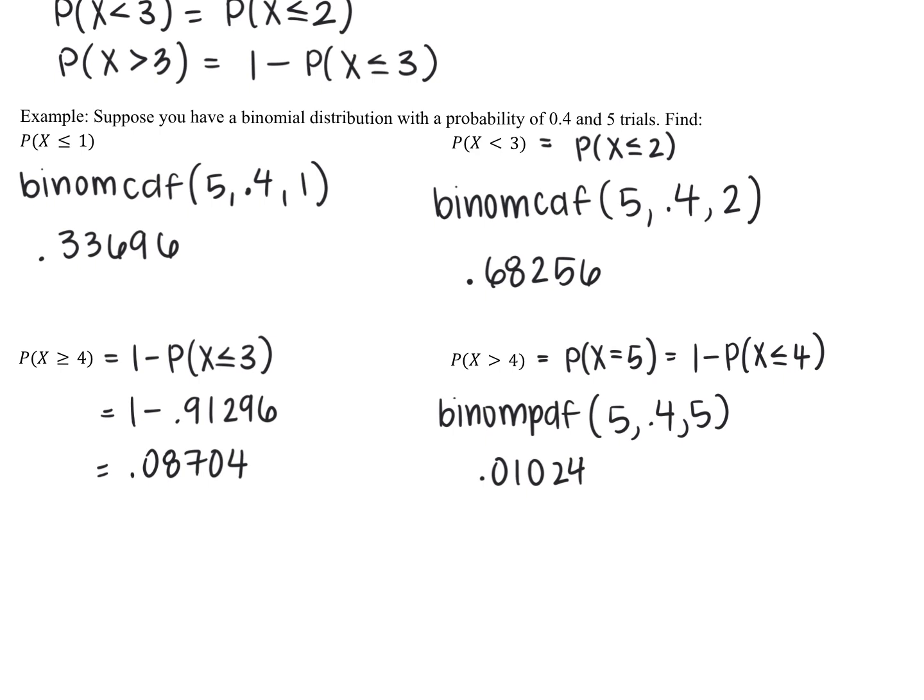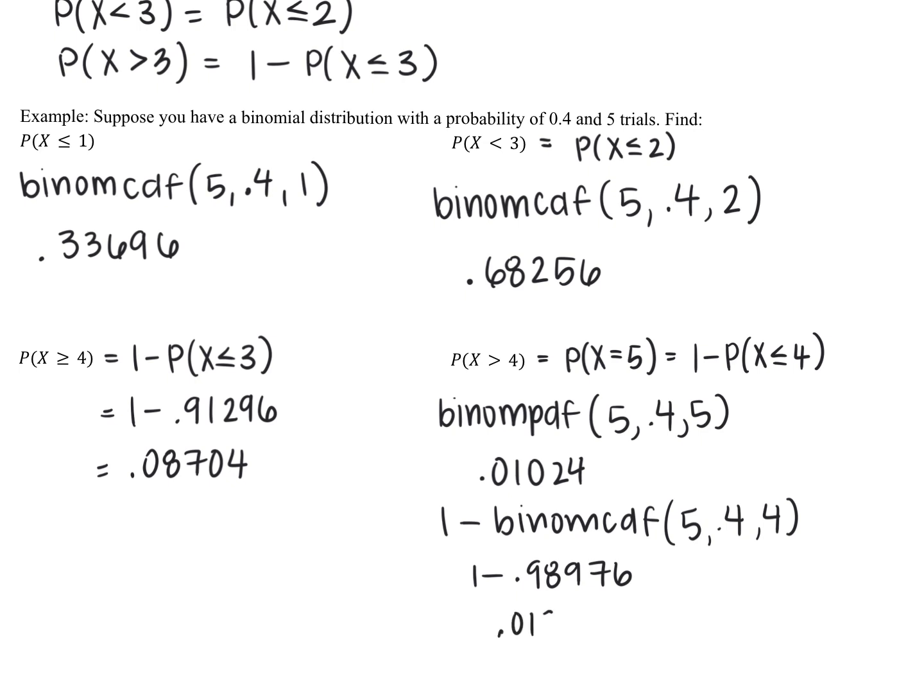And if I do the 1 minus binom CDF with 5, 0.4, and 4, it becomes 1 minus 0.98976, which is also 0.01024. So both of those are correct ways to do this last example, specifically because there is only one number greater than 4 in this distribution.